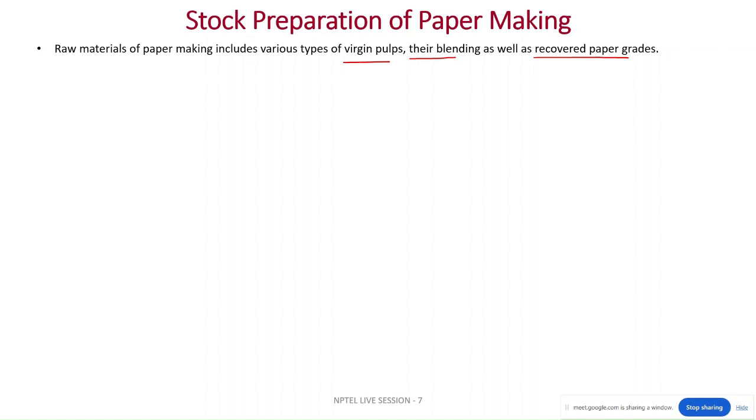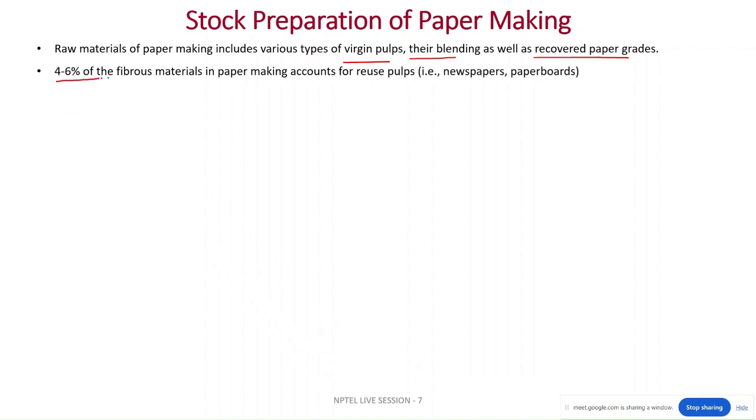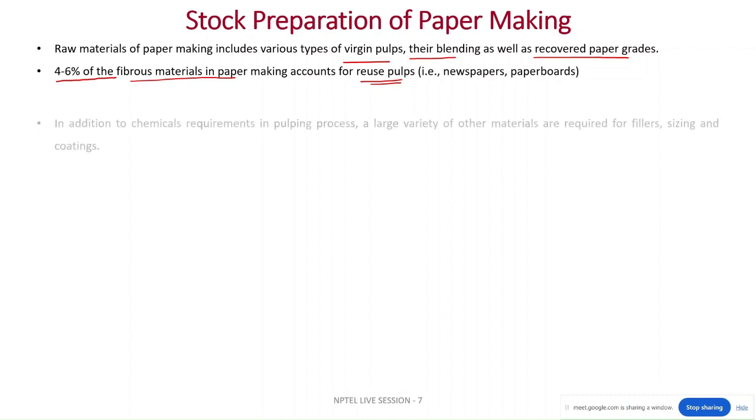We can also use these in the stock preparation process. Generally, 4 to 6% of the fibrous material in paper making accounts for reuse of pulps, like newspaper and paperboards.